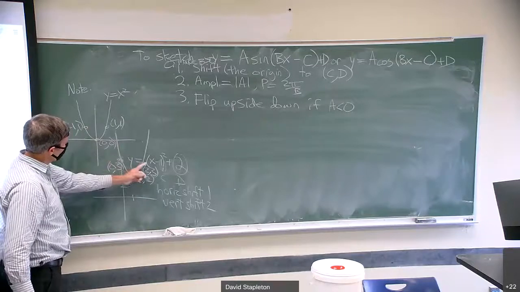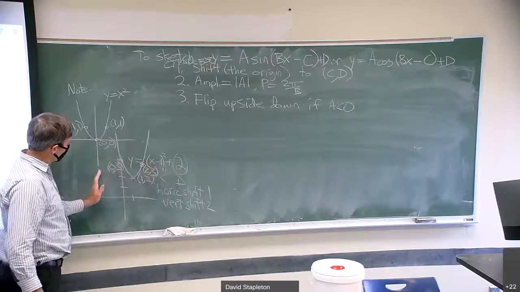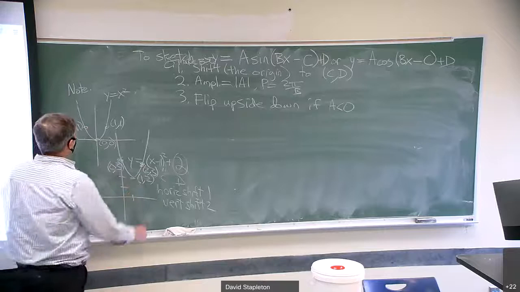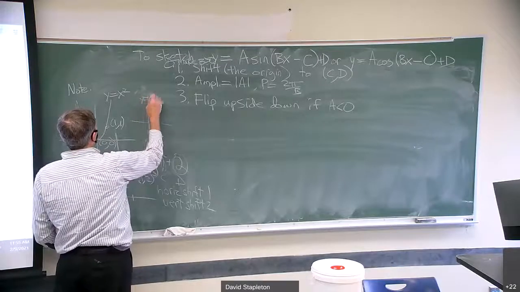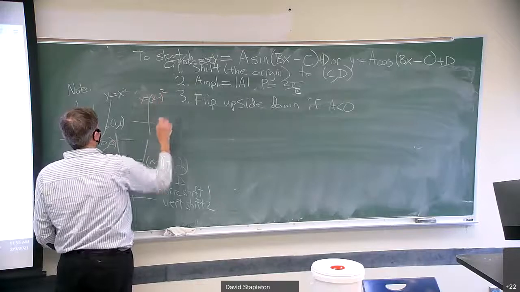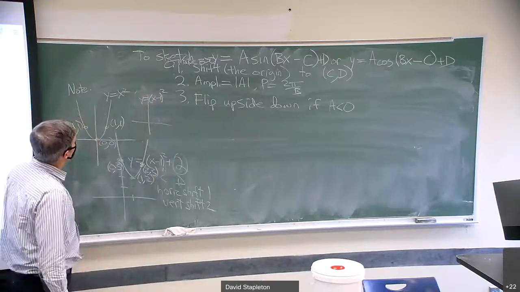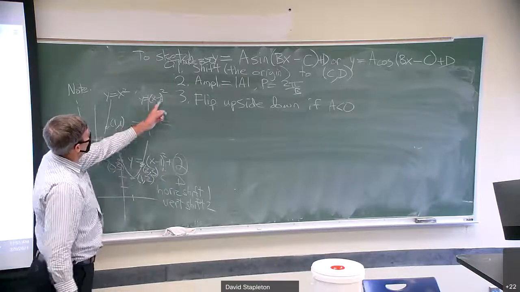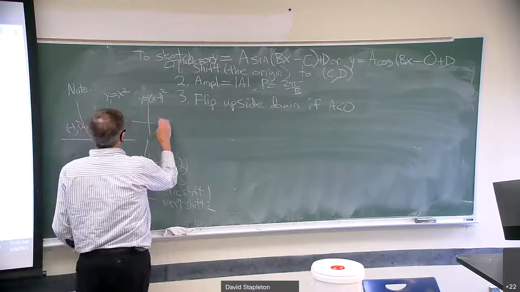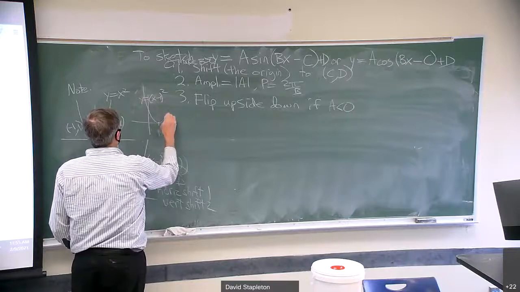If you replace x by x minus the number, it shifts it this way. And let me do one intermediate step here too. This is y equals x squared. What is y equals (x minus 1) squared? I just replace x by x minus 1. It moves the graph over 1. It's exactly the same shape right here.